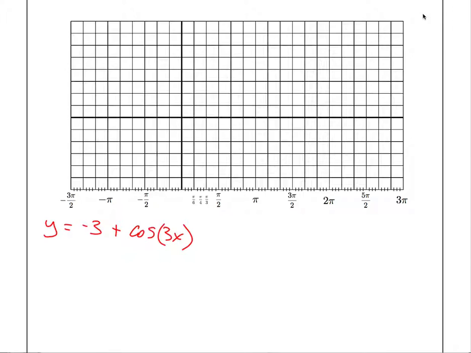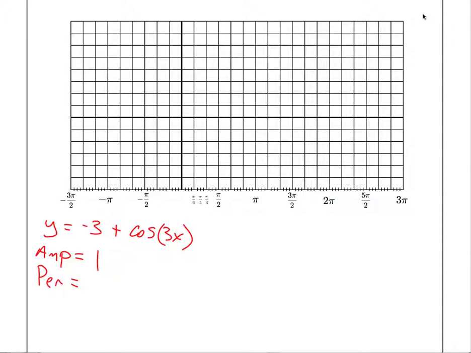All right, y equals -3 plus cosine of 3x. So amplitude is 1. Period.